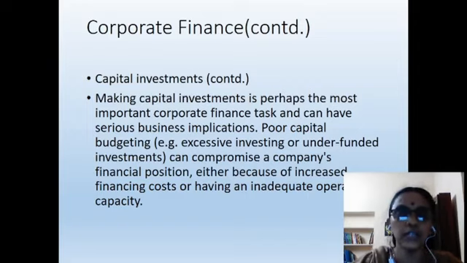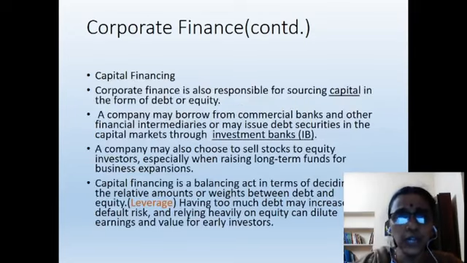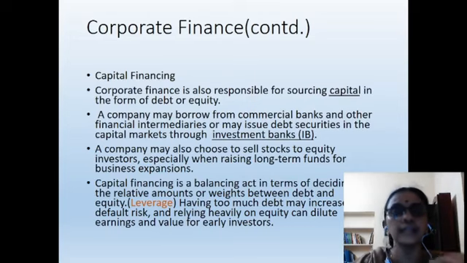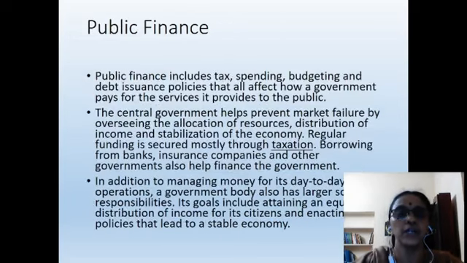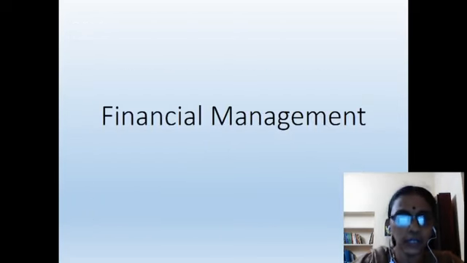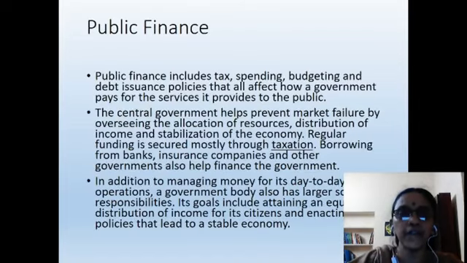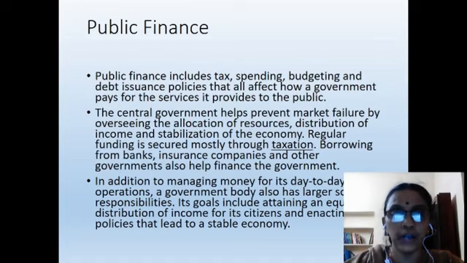All those are considered as the third important decision, which is dividend decision or the distribution of the dividends, which will involve how much money has to be distributed, how much money has to be actually retained as retained profit. So this is about the corporate finance, and public finance deals with the fiscal and monetary policies of the government.